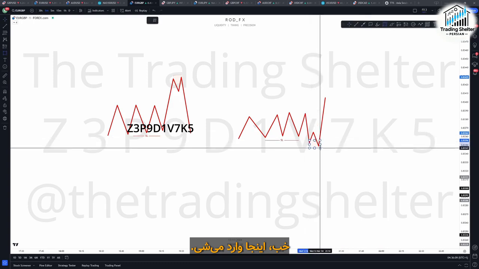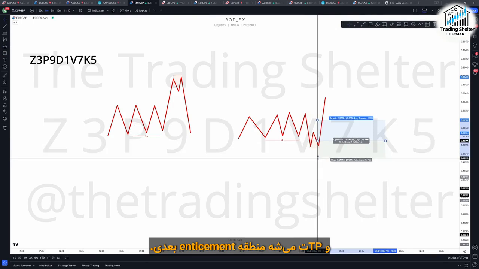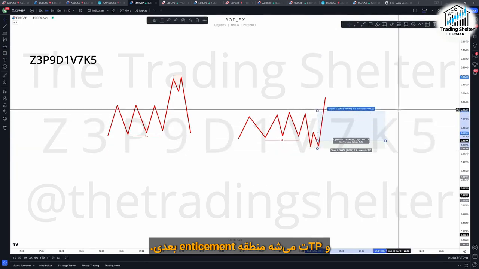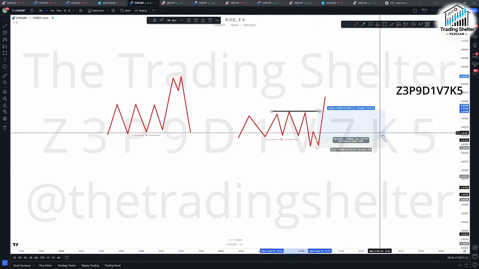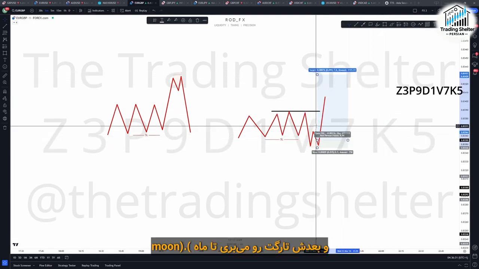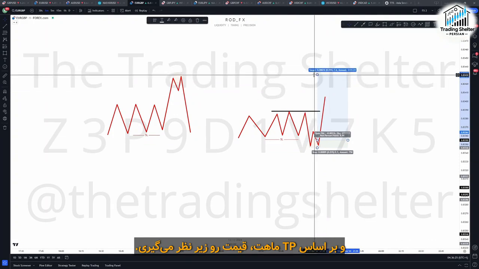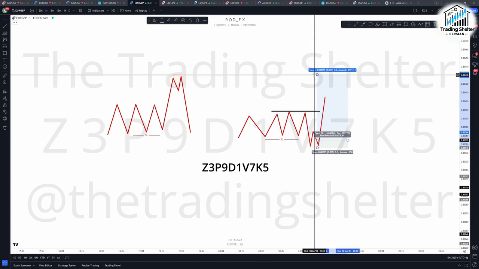Now you enter here, whatever, and your TP would be the next inducement zone, enticement zone, their entry. You take your partial here and you target the moon after, right? And based on your moon TP, you would want to monitor price action and see if there's relevance in the PA, and you can close manually.